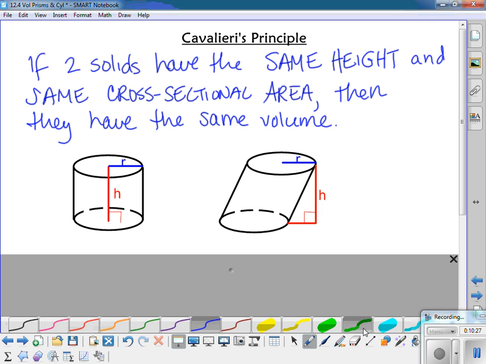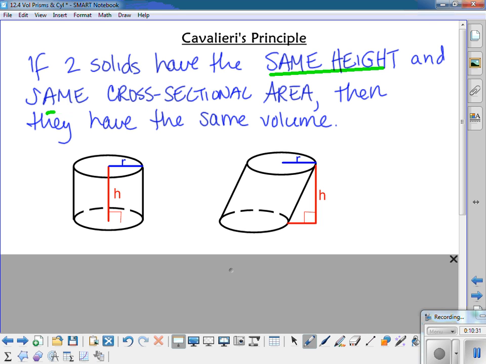So it's important that they have the same height and the same cross-sectional area. If that's true, then they have the same volume.